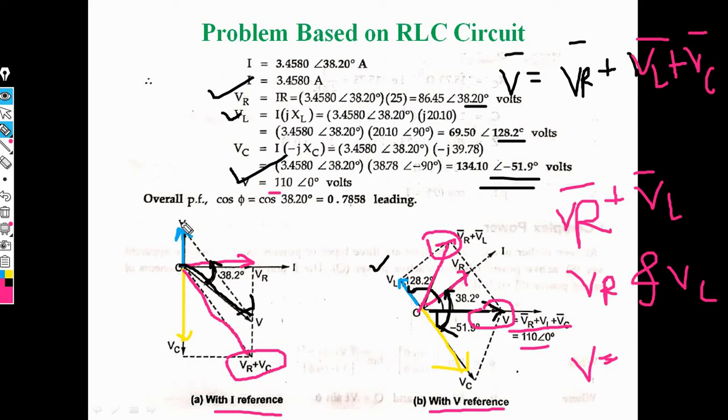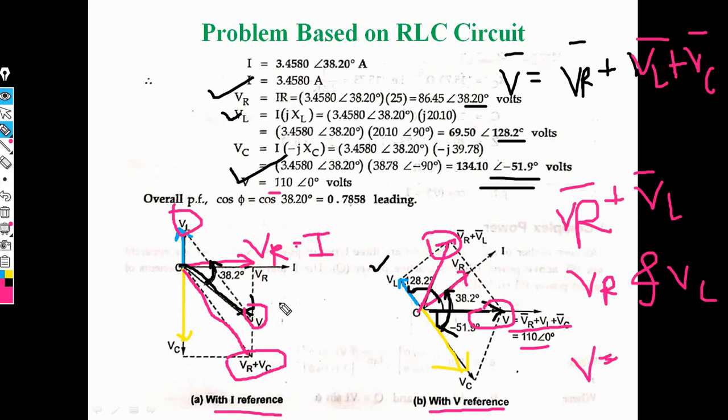But we are taking VL and V, and the reference voltage is VR. Now this is the phasor diagram with current, and here VR and I are both in the same phase and same direction. This is the concept of reference current I and reference voltage.